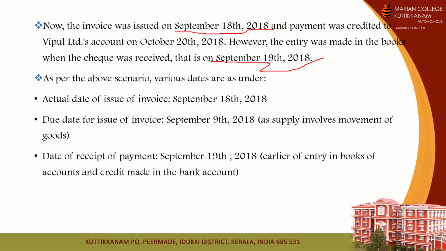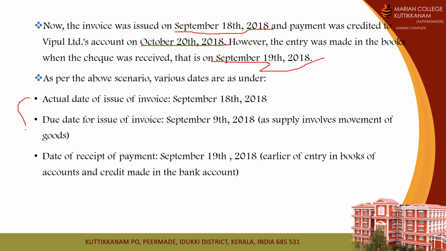Then the date on which it is deposited in his account is October 20, 2018. Whichever is earlier. Which is the earlier date? That is September 19th. So the date of receipt of payment is determined as September 19th, 2018, the earlier of entry in books of accounts and credit made in the bank account.